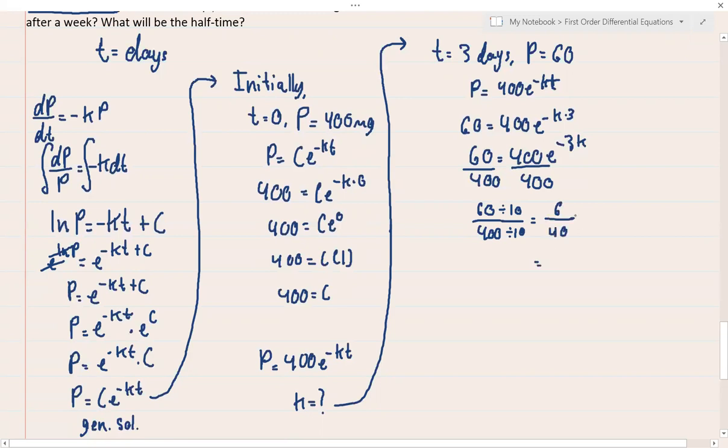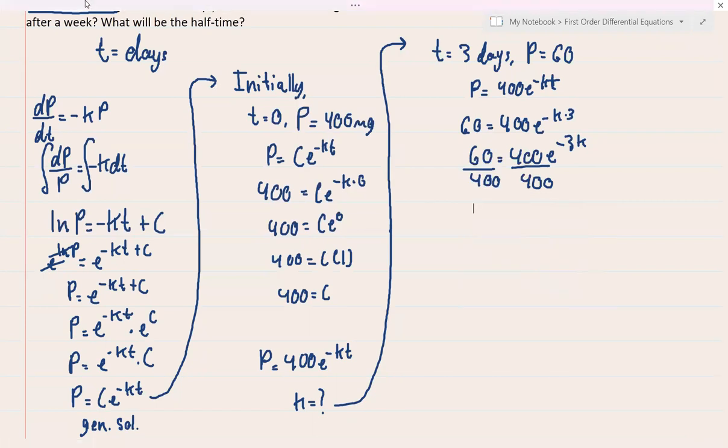Then, itong si 6 at saka si 40, parehas silang divisible by 2, so 6 divided by 2 and 40 divided by 2. Magiging 3 all over 20. Ito na yung simplified na fraction natin. So, we have 3 over 20.